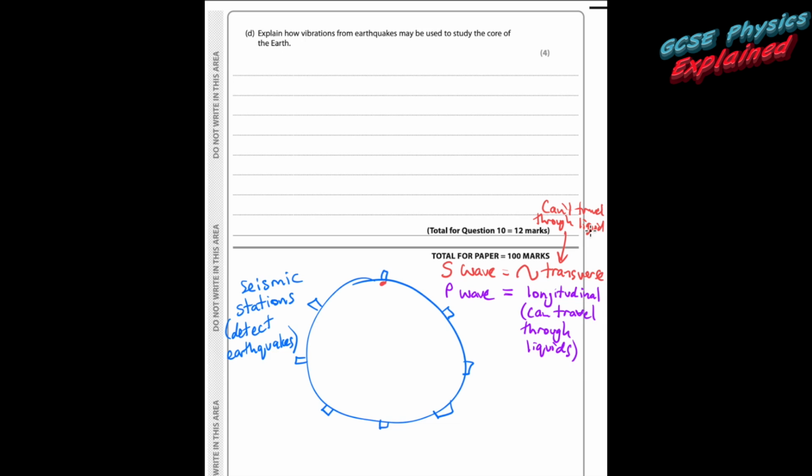Now an S-wave shadow zone is all this area here. That means that all of these seismic stations, none of them receive an S-wave from the earthquake. Whereas the shadow zone for P waves is just here and here.